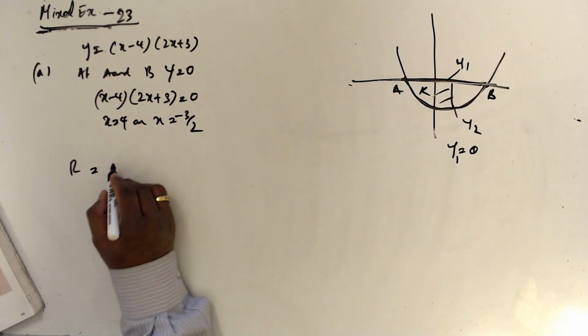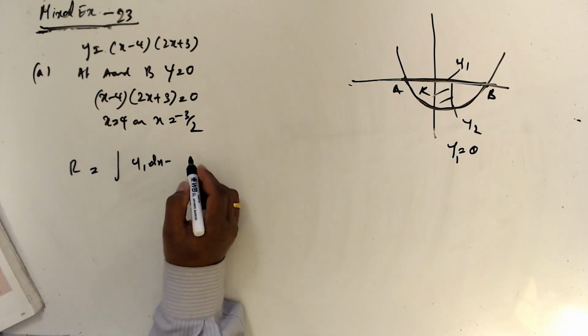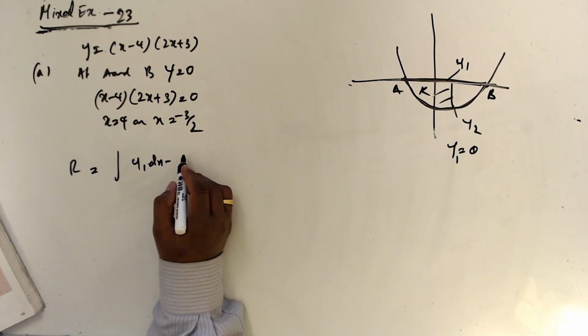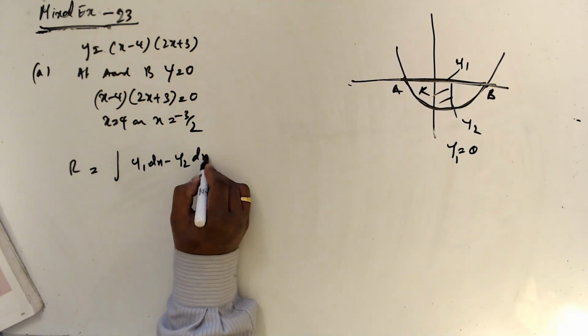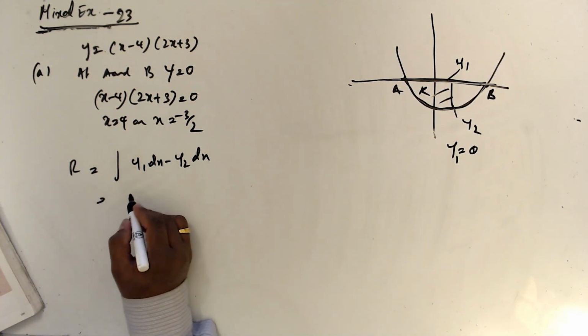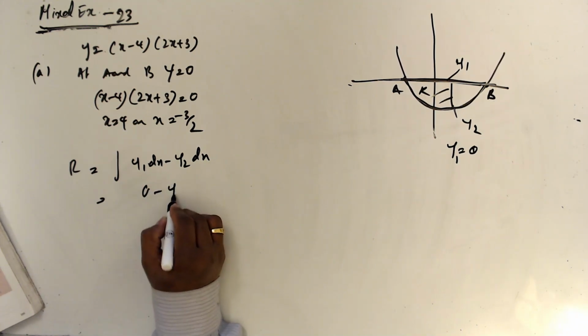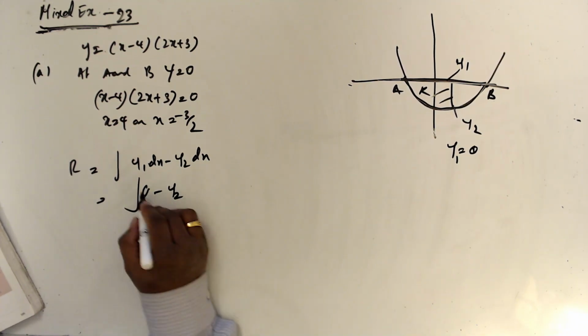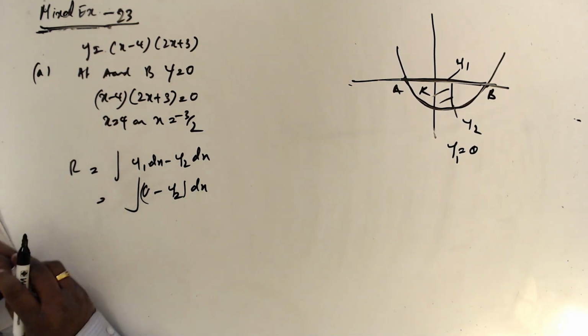So then R means integrate y1 dx minus this curve y2 dx. So then 0 minus y2 dx. So you can think about it like that as well.